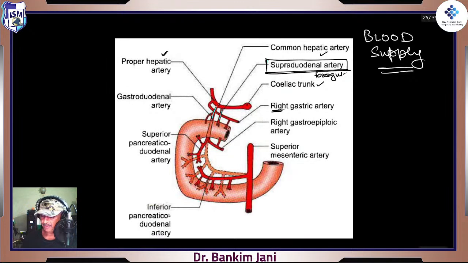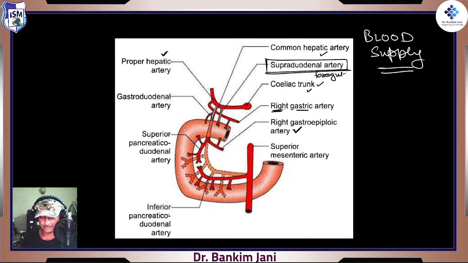Right gastroepiploic, now you are masters of this right gastroepiploic, because you know it so well that it will talk to left gastroepiploic artery, and they will form the arcade around greater curvature, right? This right gastric artery, small name, small curvature, right, with the left gastric artery, and from where that left gastric artery is coming, right, this our dear celiac trunk, right?